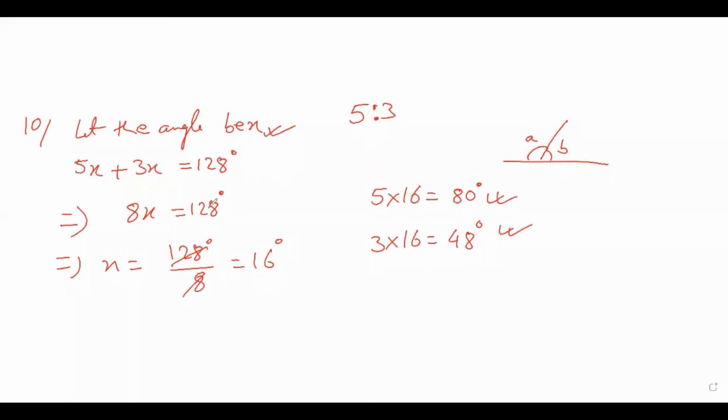The first angle will be 5x and the second angle will be 3x, and their sum is 128 degree. So find the value of x. We have got 16. Now put this value of x in place of 5x and 3x. So for the first angle we will get 80 and for the second angle we will get 48. I hope you have written this one.